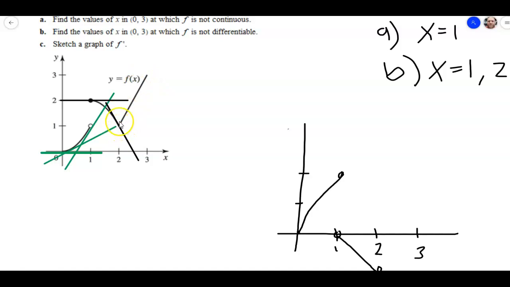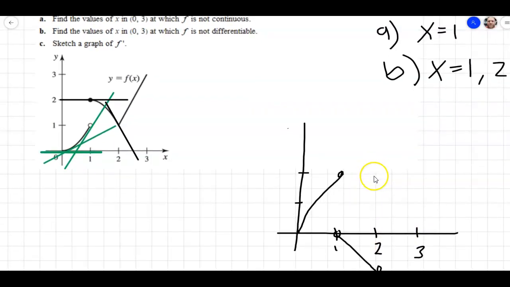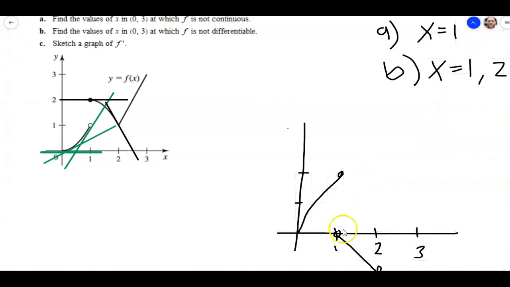Maybe that's a slope of, you go up 2 over 1, up 2 over 1, because we start at 1 and we end at 3. So if that's a slope of 2 and it stays the same, that means we're going to go up to 2 here, and just stay at 2 until you get to 3 there.